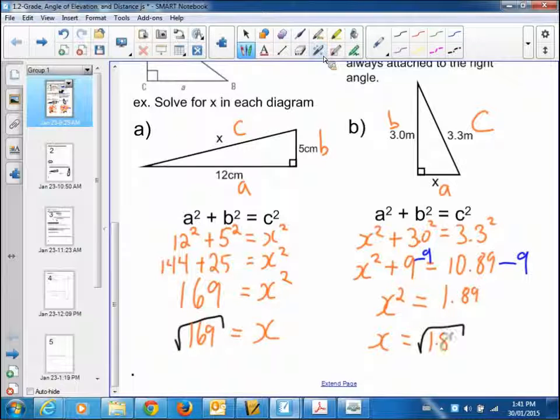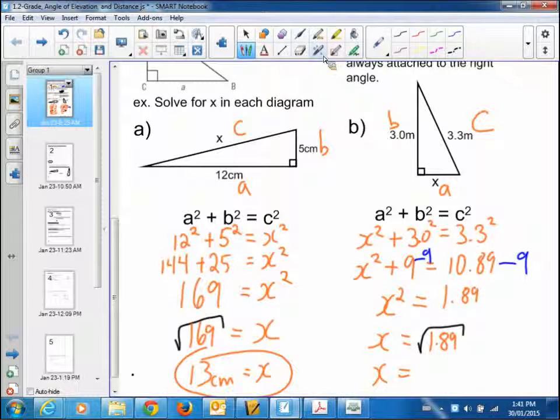I forgot to write down our answer on the previous problem. You get 13, and we call it centimeters. Okay, what is the square root of 1.89? 1.37, okay.